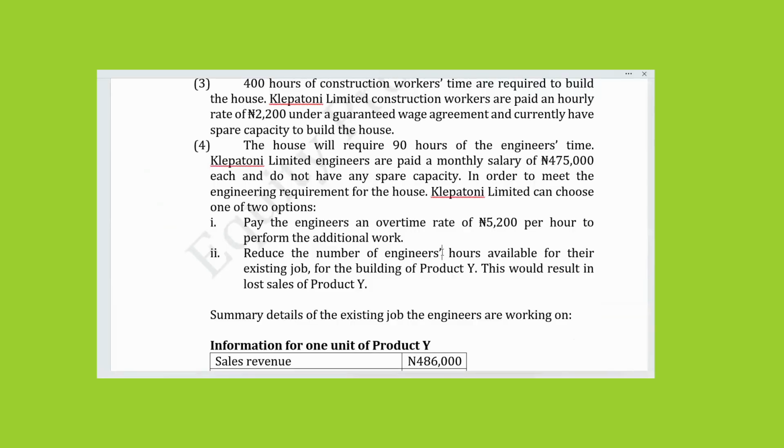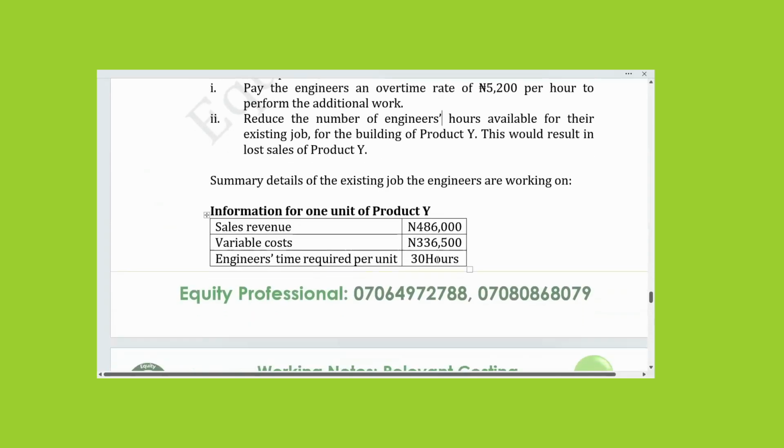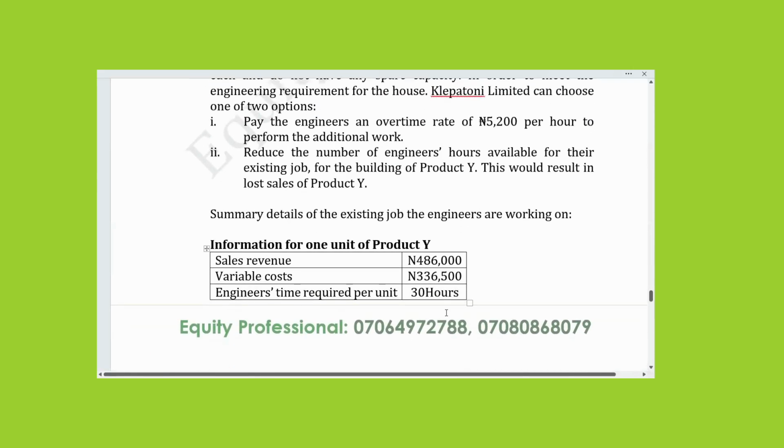Okay? Summary details of the existing job the engineers are working on. Information for 1 unit of product Y. So, if you reduce the hours of the existing job, currently they are using 30 hours. They are spending 30 hours to produce product Y. And the sales value for product Y is 486,000. Variable cost on product Y is 336,500 naira.